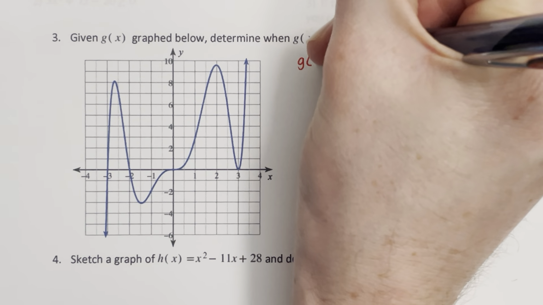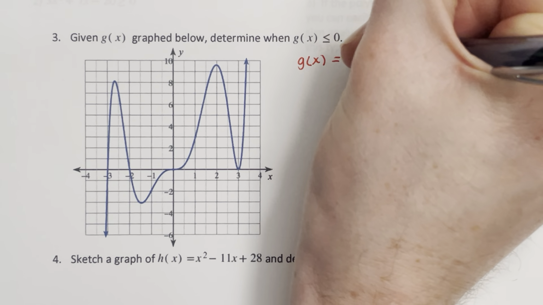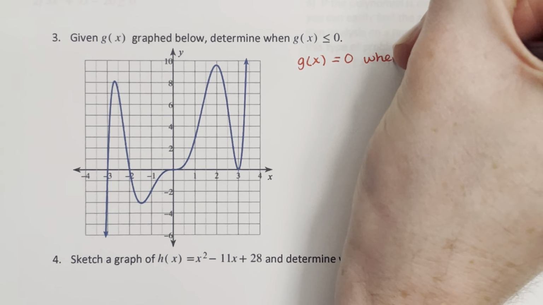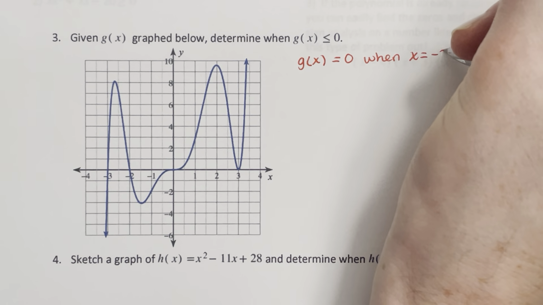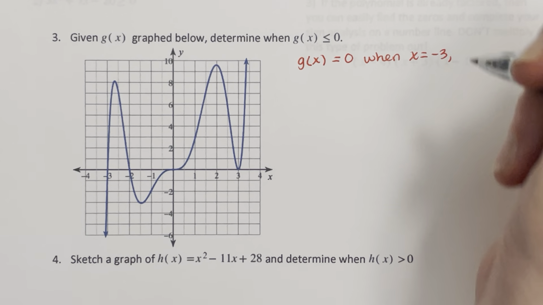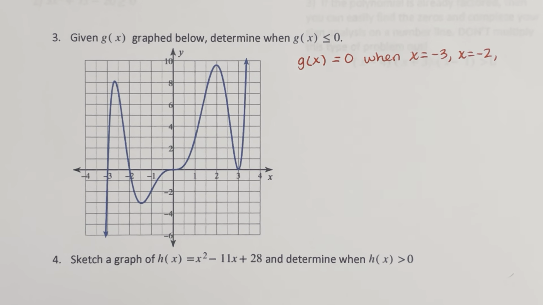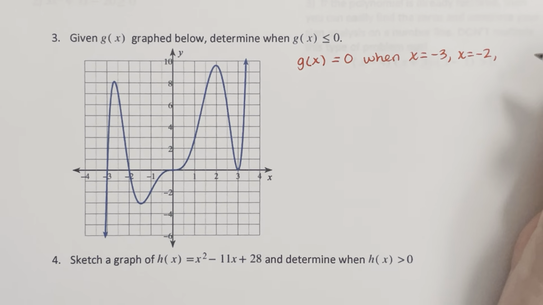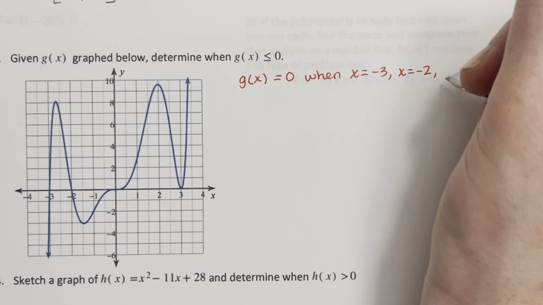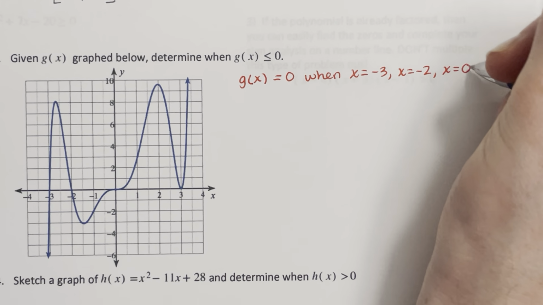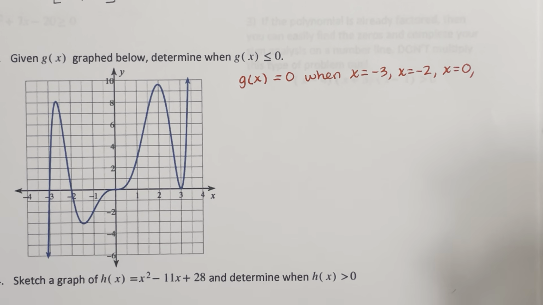So g of x is equal to 0 when x is -3, that's one of the zeros. When x is -2, when x is 0, and when x is 3.